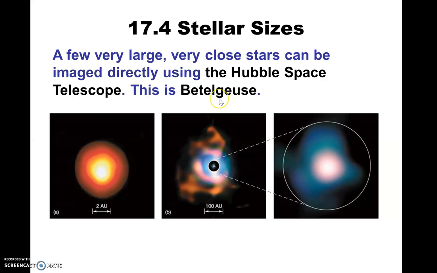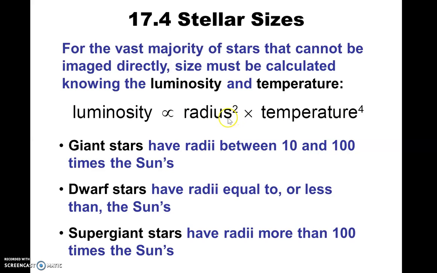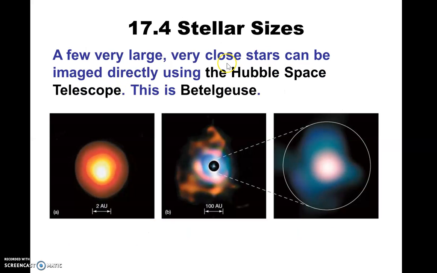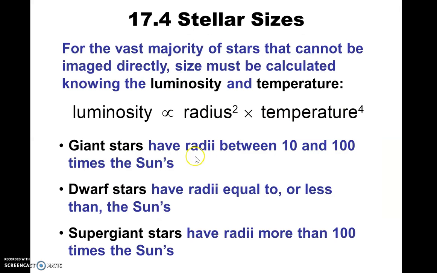All right, but there's another method to find the size of stars. It's important for us to know the size of stars. Like I said, this is an exception. There are very few stars that you can actually measure the size of directly.